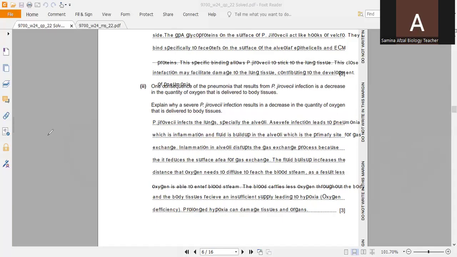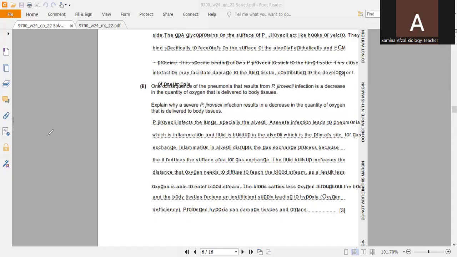The alveoli are the tiny, thin-walled air sacs in the lungs, and they are the primary site for gas exchange. Oxygen from inhaled air diffuses from the alveoli into the bloodstream, and the carbon dioxide waste product has to be exhaled through the alveoli. When there is pneumonia, the alveoli are inflamed and filled with fluid, so the process of gas exchange is disrupted. The inflammation and fluid also reduce the available surface area for gas exchange.